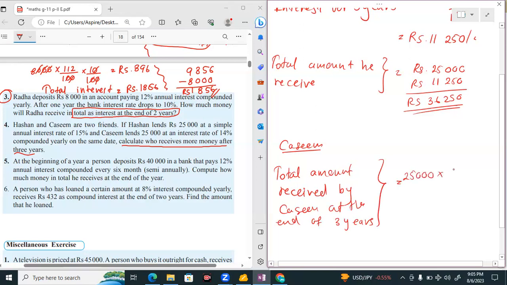What is the interest rate? It is 14, then 114 over 100, 114 over 100, 114 over 100.